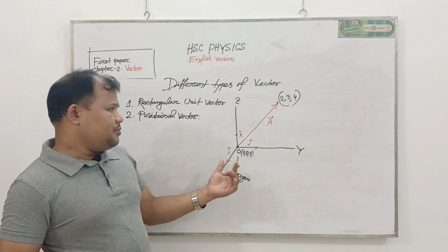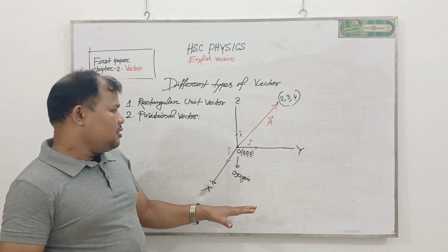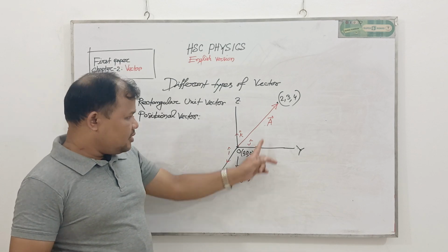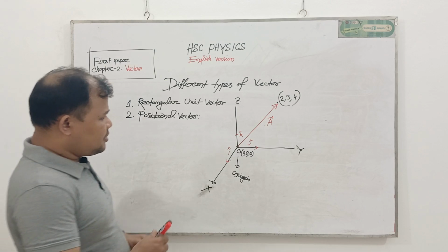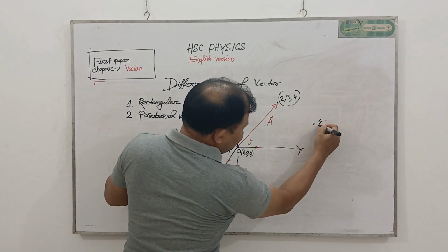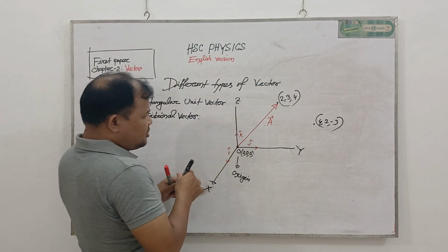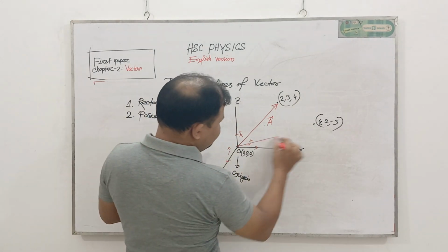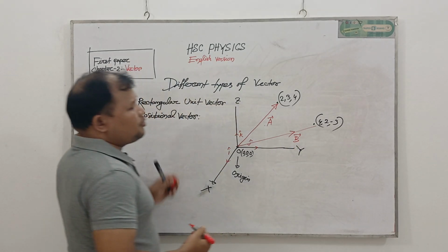If any vector identifies any point with respect to the origin of a reference frame, then the name of this vector will be positional vector. Suppose there is a point (4, 2, -3). If we use a vector B, then this is also a positional vector.